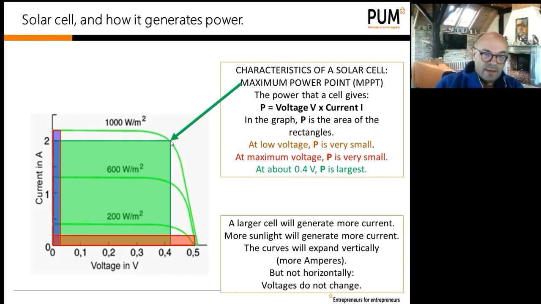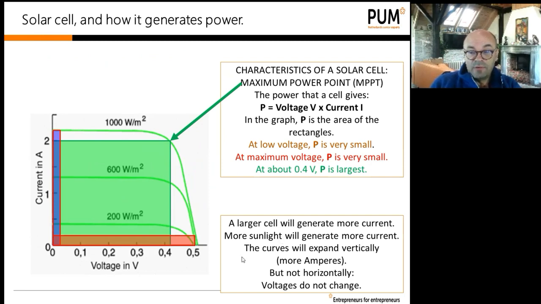And what you need is a system that is about 1.44 voltage, where the current is large. So a larger cell will generate more current. More sunlight will generate more current.